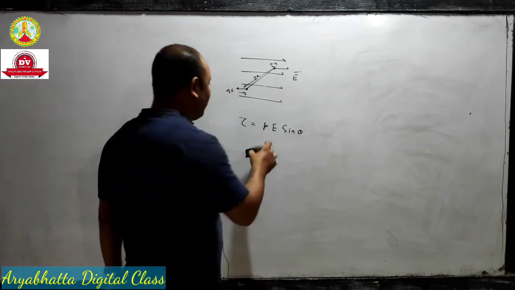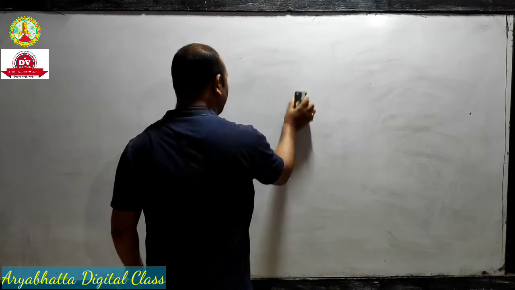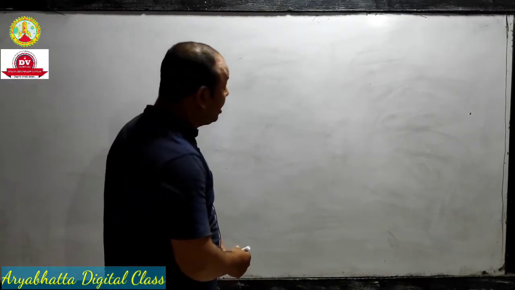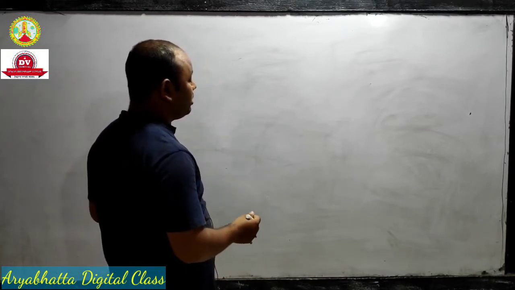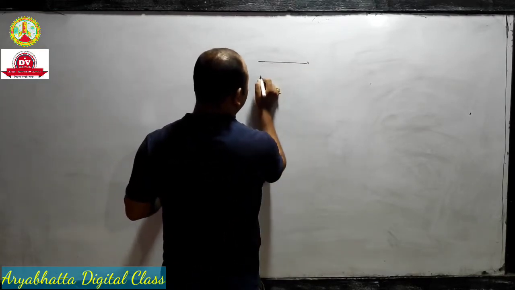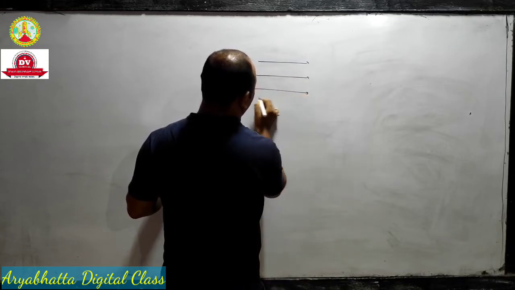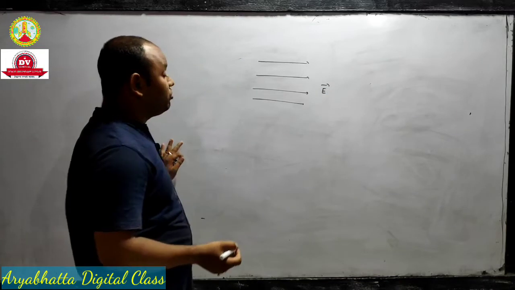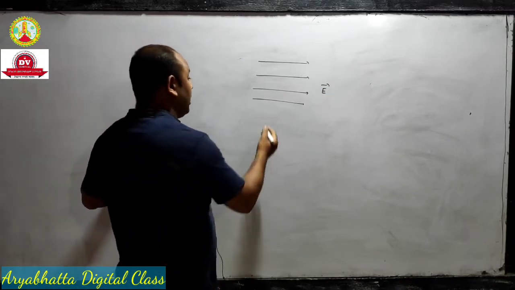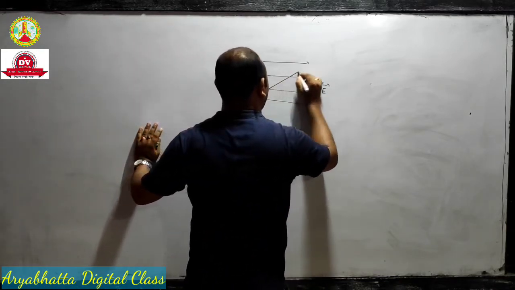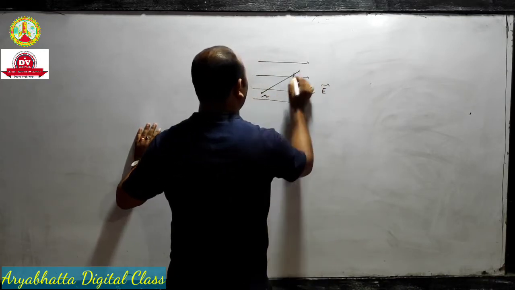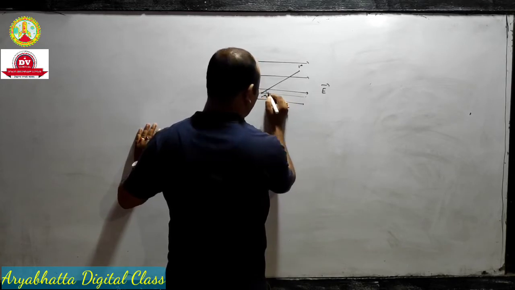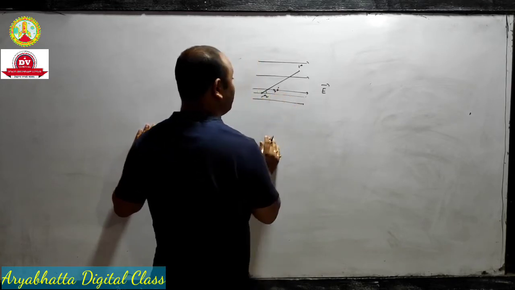Suppose we are given an electric dipole which is in a uniform electric field. This is a uniform electric field, and on this uniform electric field, an electric dipole is held at an angle of 30 degrees.